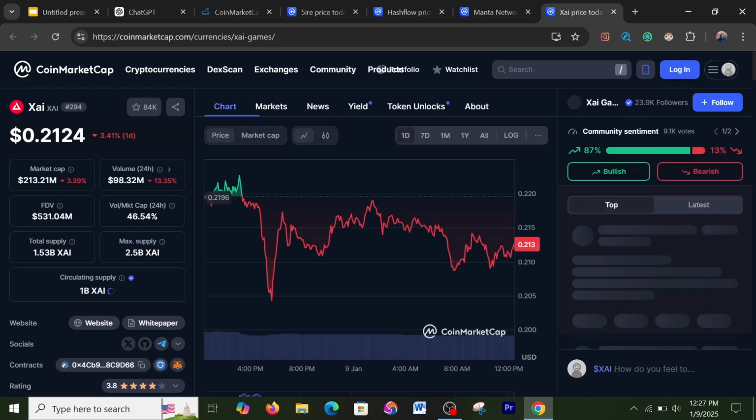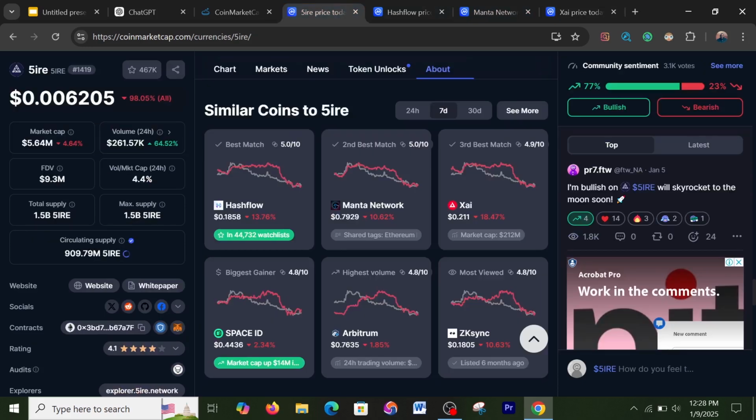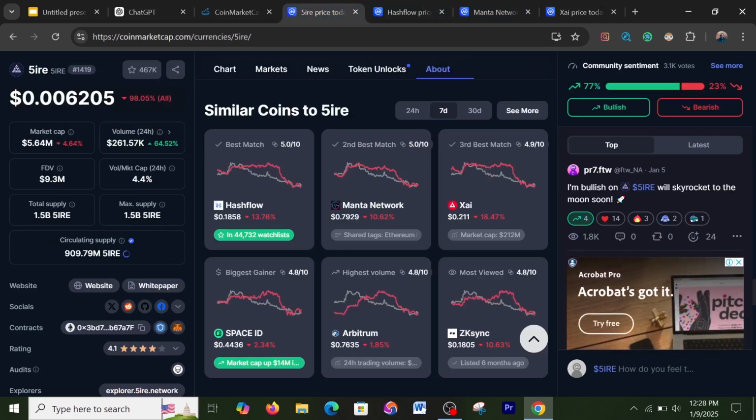Even Zile's maximum supply is more than 5IRO's maximum supply, and the circulating supply is even more than 5IRO's maximum supply. That one also is 909 million. This one is exactly at 1 billion. So you see, but this one is 0.2, while this one is 0.006? This is way undervalued. Way undervalued.